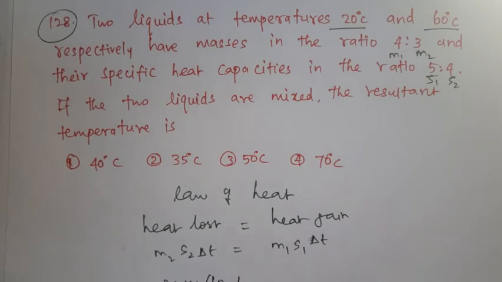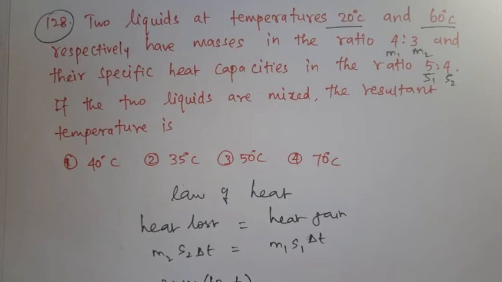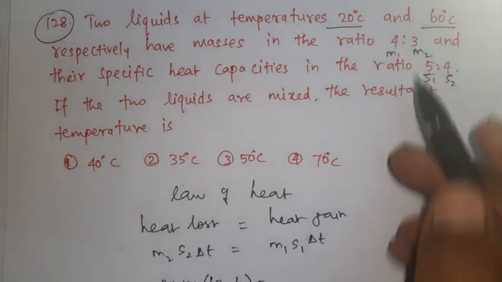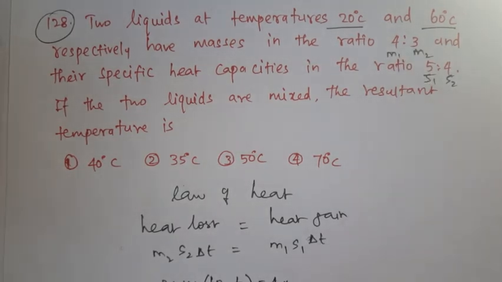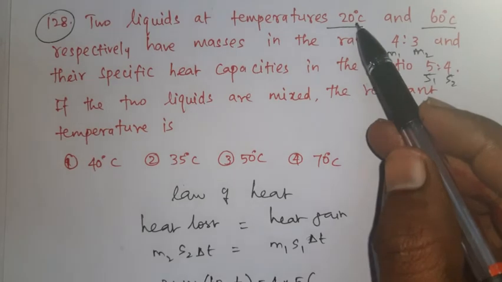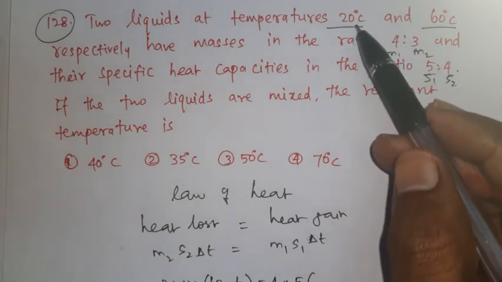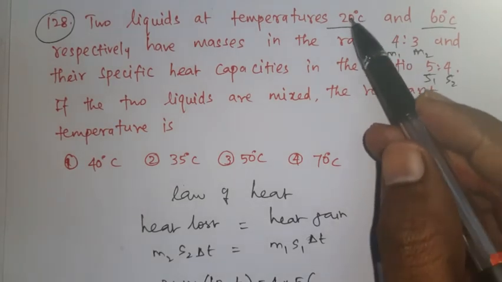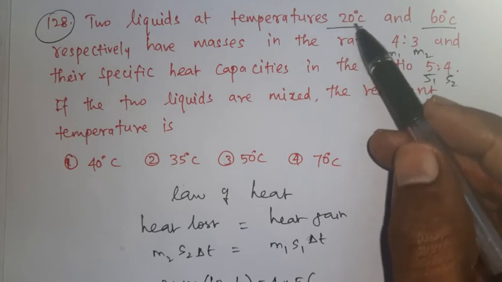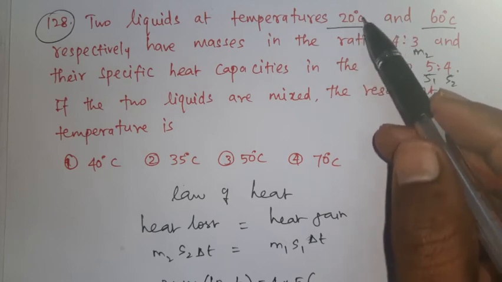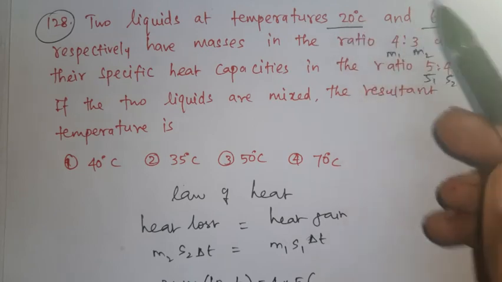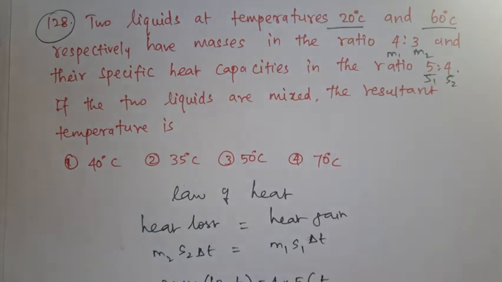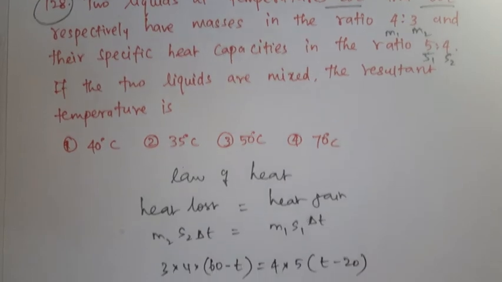So 60 minus T. Next M1 value is 4, S1 is 5. Now del T here also is the change in temperature, 20 degrees Celsius. It is going to gain the heat, so its temperature is going to increase. So the resultant temperature will be greater than 20, so T minus 20.